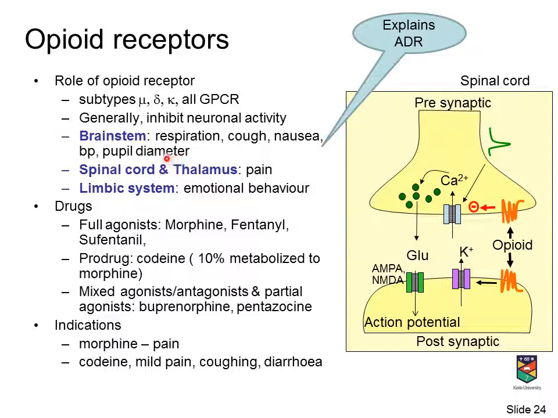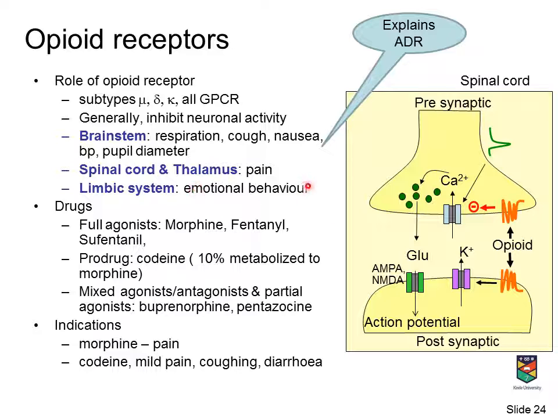But because opioids also regulate pupil diameter, some opiates often cause patients to have constricted pupils, and they can also cause respiratory depression, and opiates can be used to treat cough. And you know very well that opiates have emotional effects.